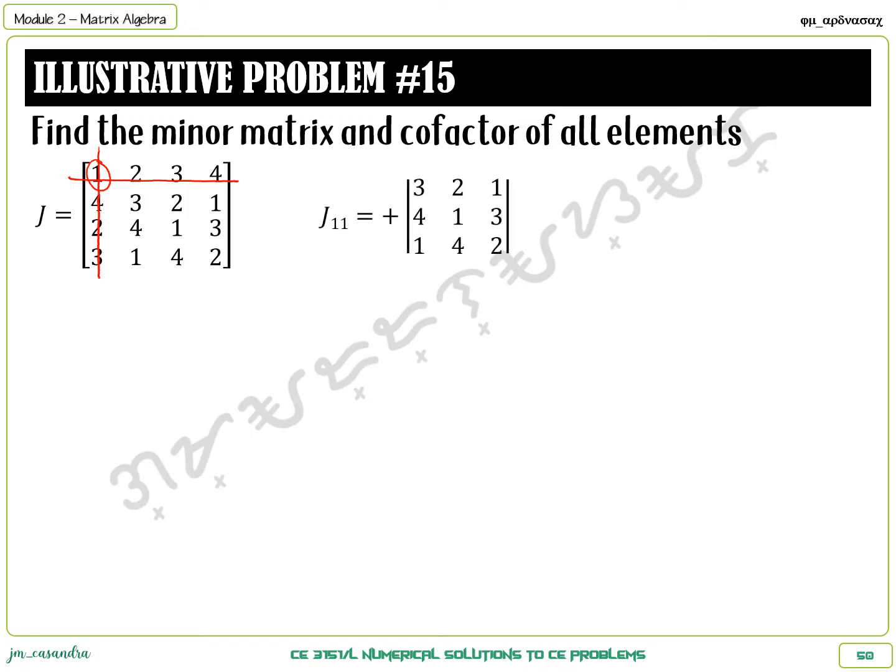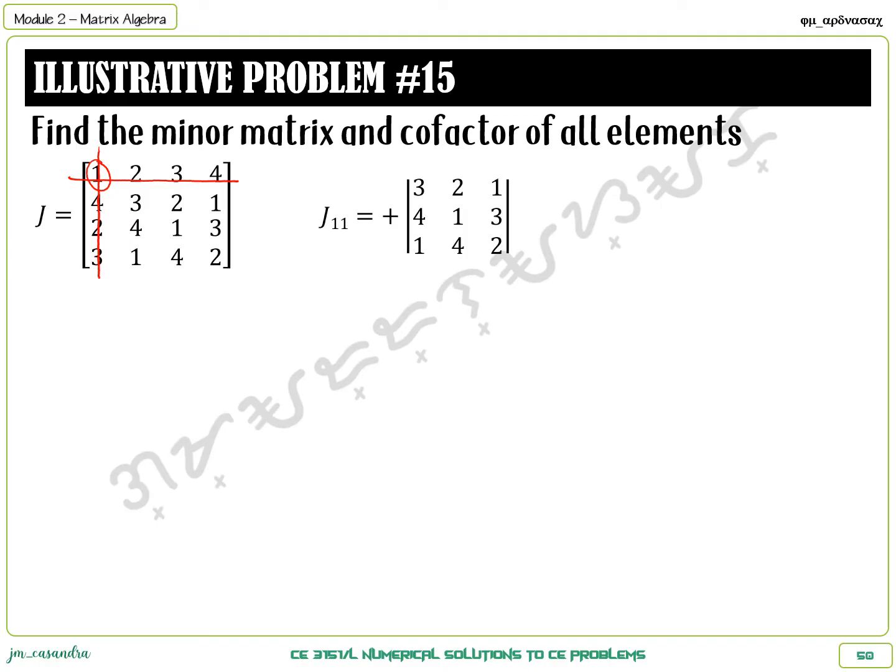So we'll have now J 1, 1 is equal to the matrix 3, 2, 1, 4, 1, 3, 1, 4, 2. So this is our minor matrix.